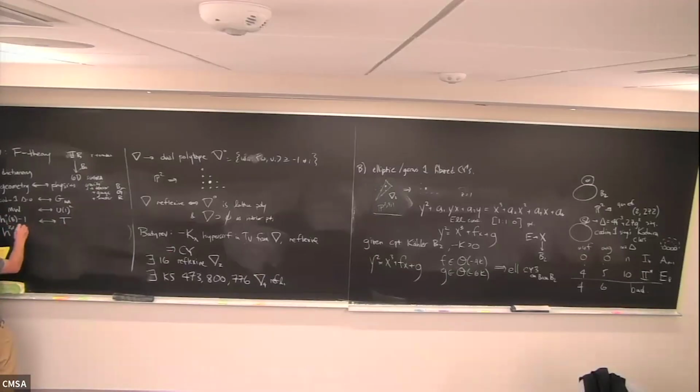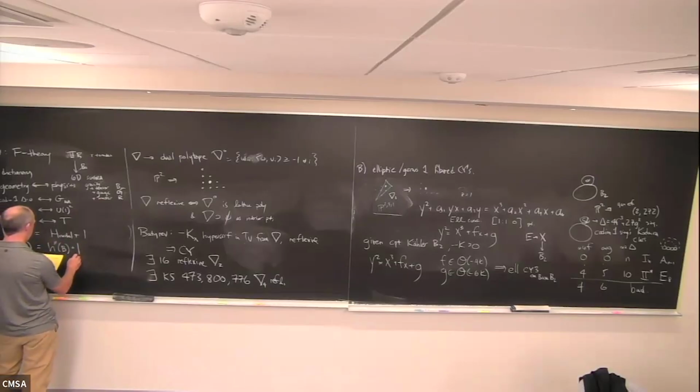H21 of the total Calabi-Yau is the number of neutral hypermultiplets. There's the number of fields that are neutral, just neutral fields plus 1. There's a formula called the Shioda-Tate-Wazir formula for an elliptic fibration, which says that H11 of X is also equal to H11 of the base plus 1, which is the section.